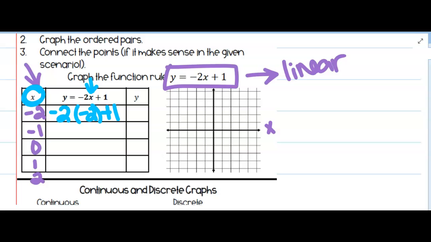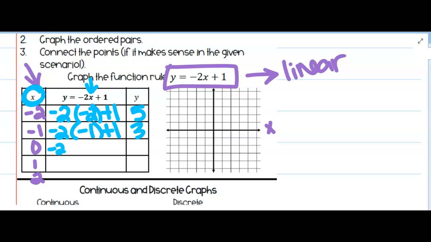Well, -2 times -2 is 4. 4 plus 1 gives me 5. Then we're going to do the same thing with -1: -2 times -1 and then add 1. Well, -2 times -1 is 2. 2 plus 1 is 3.